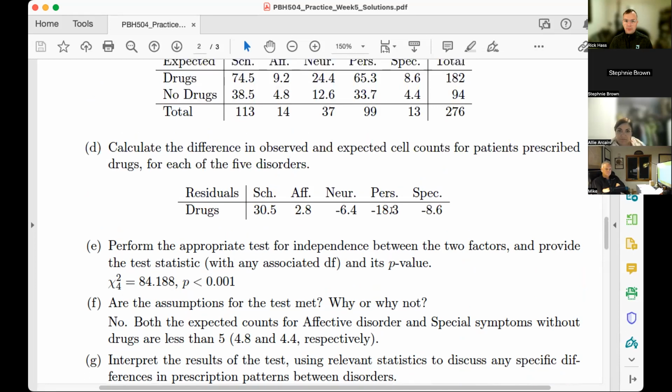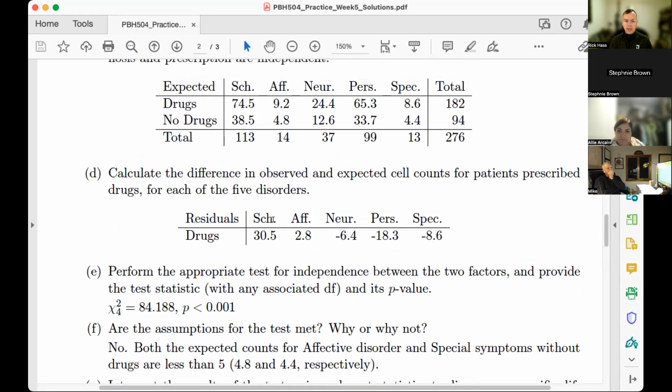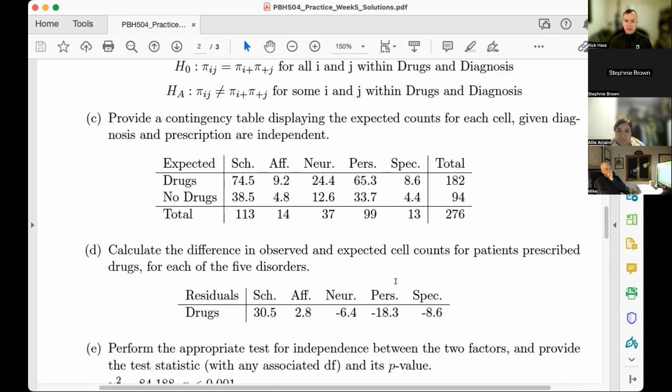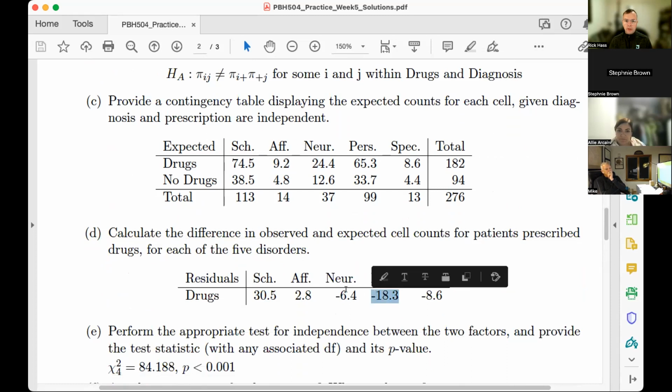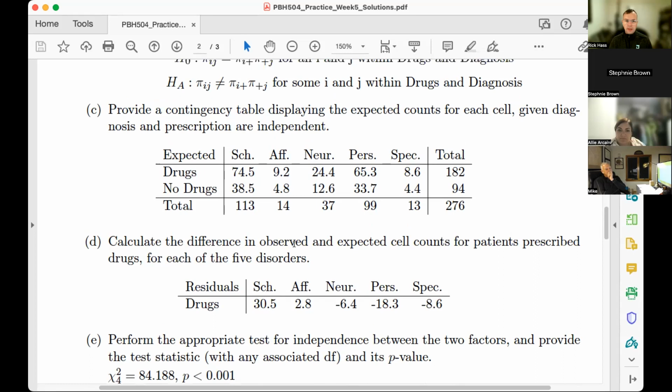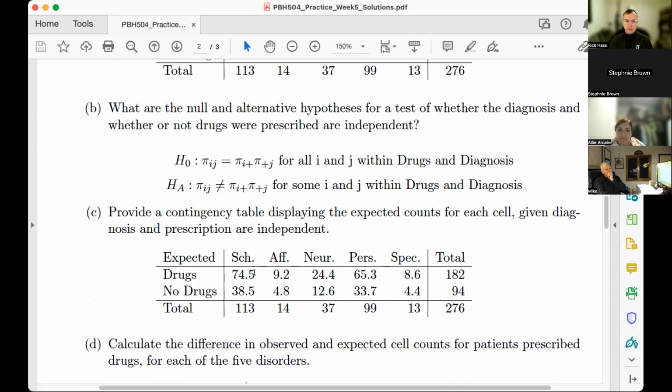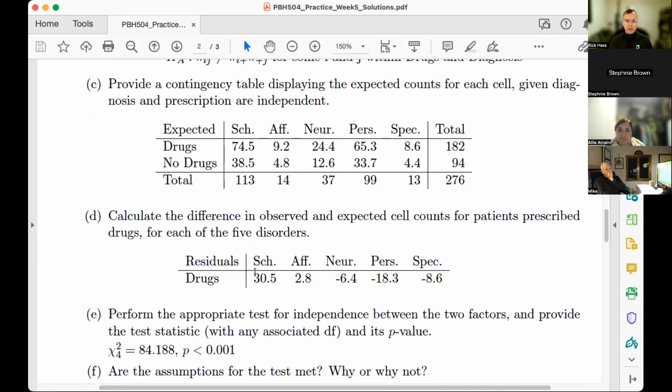So we're looking here at the discrepancies, or the differences between observed and expected. We're reporting the two greatest discrepancies. For the schizophrenics, we saw that there were way fewer. It's kind of backwards the way this discrepancy is shown.